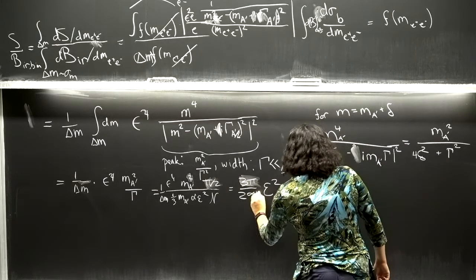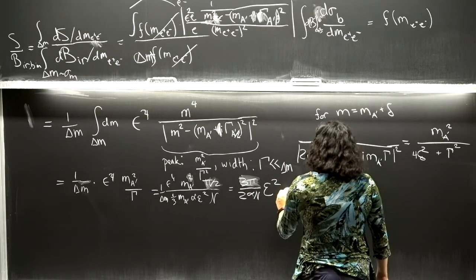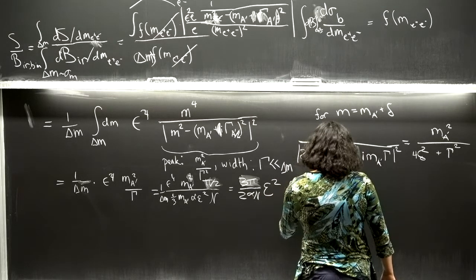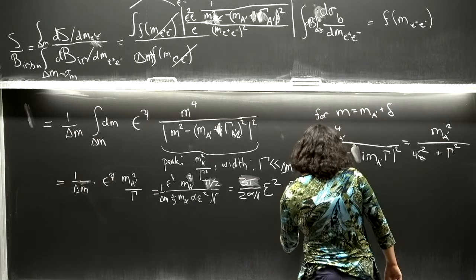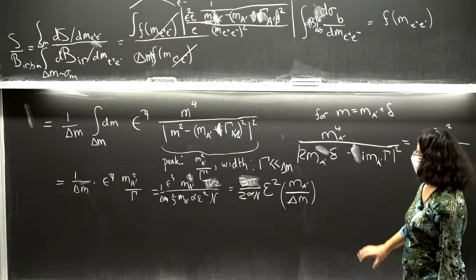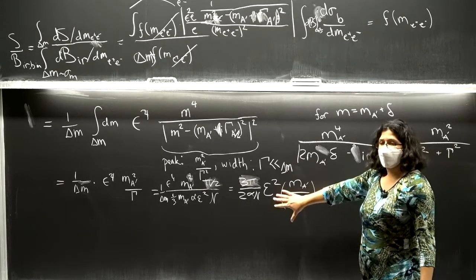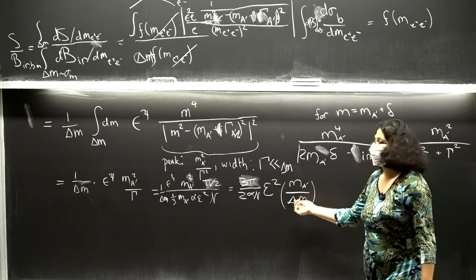And I can put my n back down here as well to keep track of it. Epsilon squared times the ratio of the A prime mass to this window you're integrating over. So that's a solid estimate for what the signal over background will be in a band of width delta m.